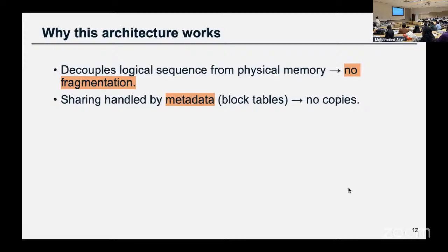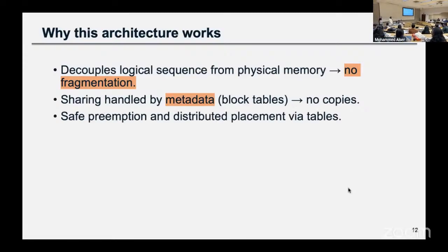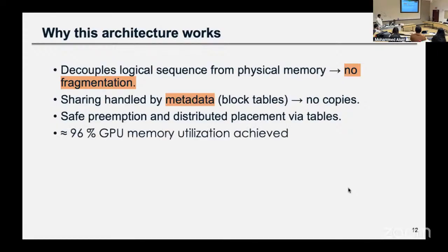This allows data reuse, sharing, and preemption without copying data around. It also scales safely across multiple GPUs. This approach reaches about 96% GPU memory utilization, with nearly no waste.